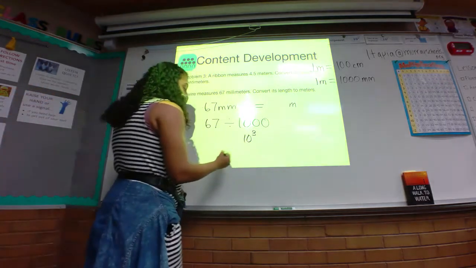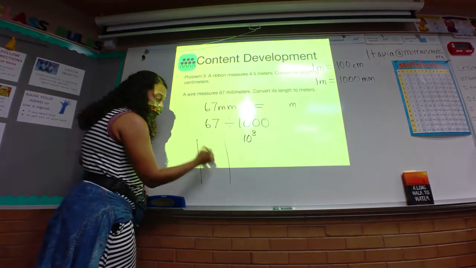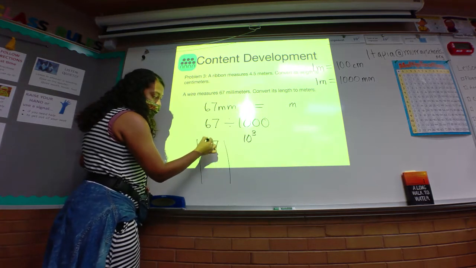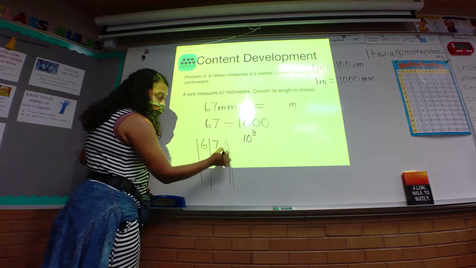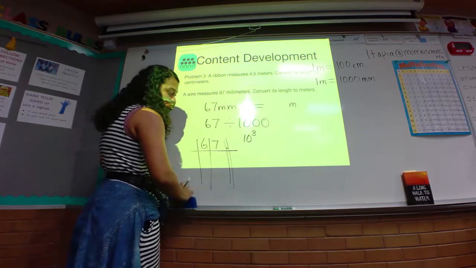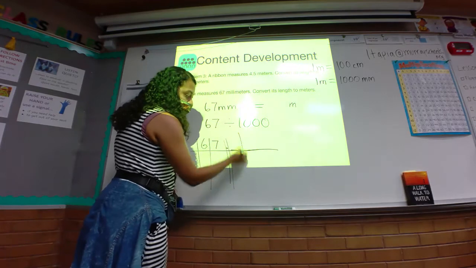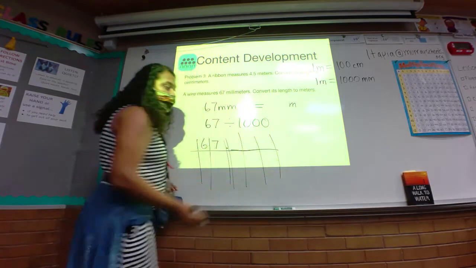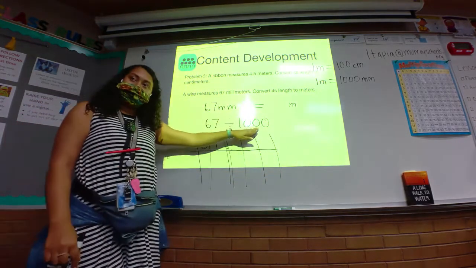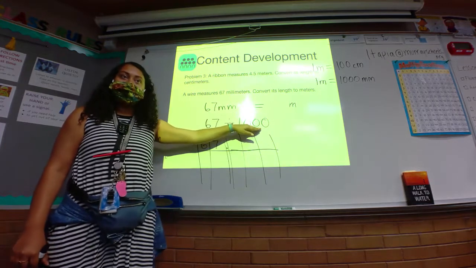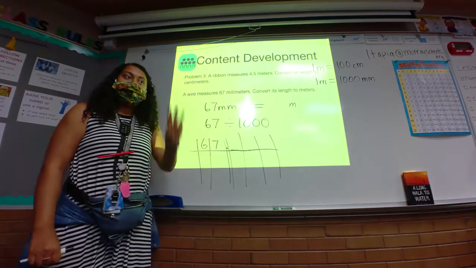Okay, so now on your place value chart, I'm trying to write this as fast as I can. Since we're dividing by a power of 10, how many powers of 10 are in 1,000? 3 powers of 10.